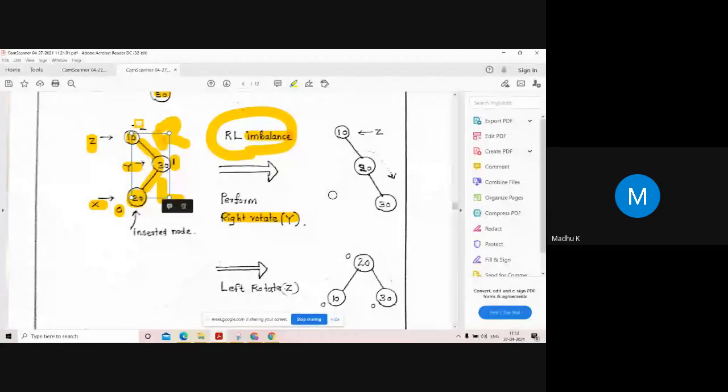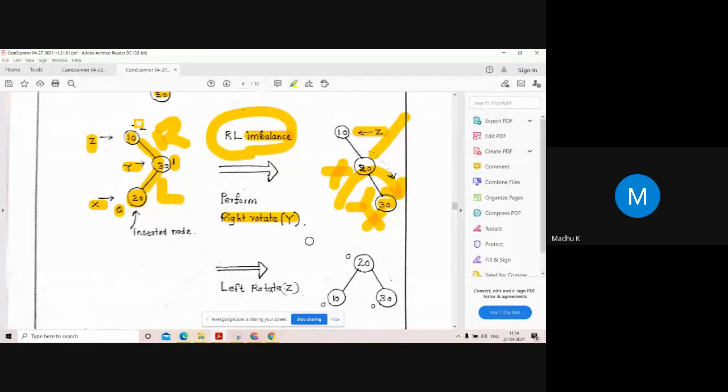So what will happen is that 30 will go in this way. This is the right rotation. So 20 comes here and 30 comes here. Then we can mark this: this is now z, this is x, and this is y.